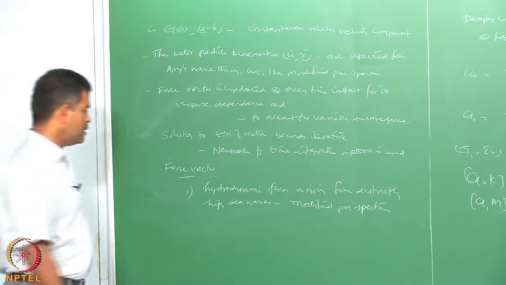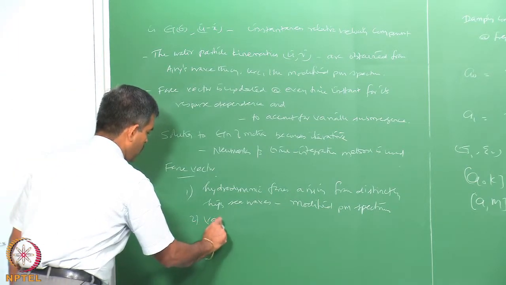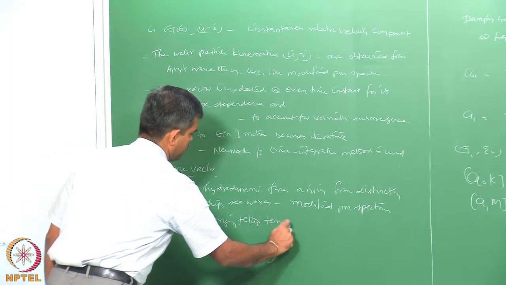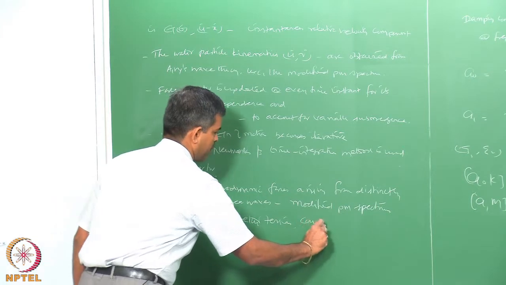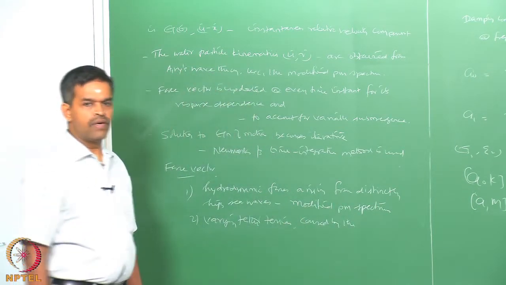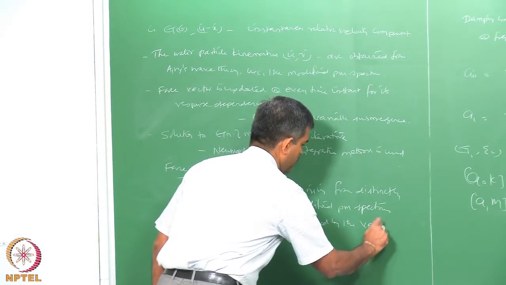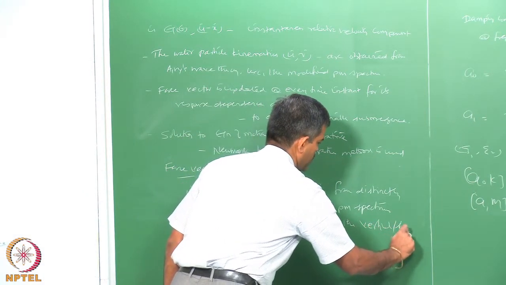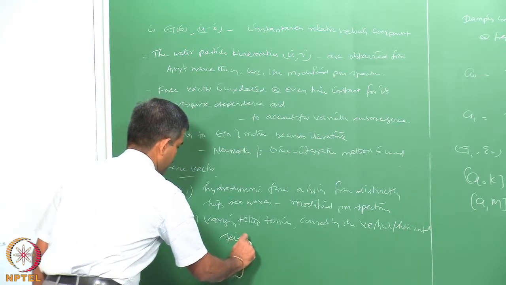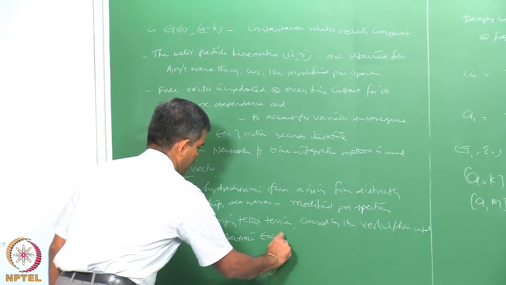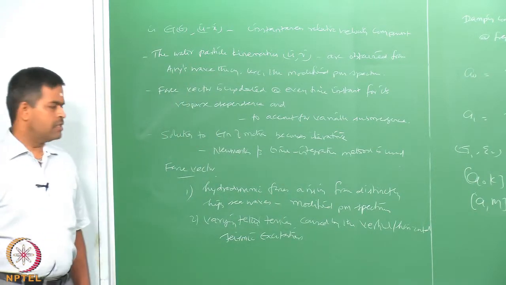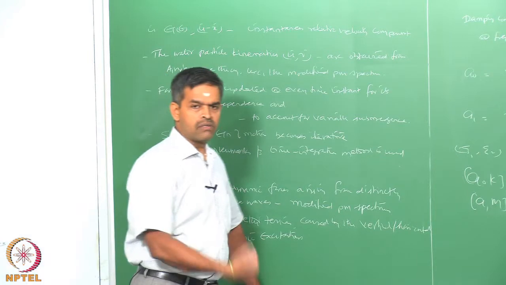In addition to that, it also has the varying tether tension, which is caused by the vertical and horizontal seismic excitation when the tethers are actually anchored to the seabed.